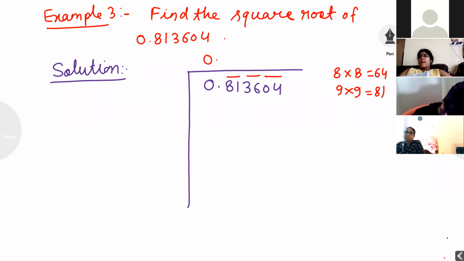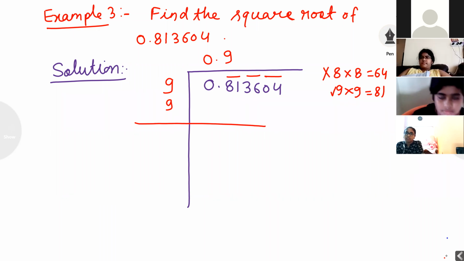I told you, students, we can take either less than value or equal to value. So I don't take the smaller value, I take this value. Means 9 times 9, I will write 9 up, 9 down. 9 nines are 81.